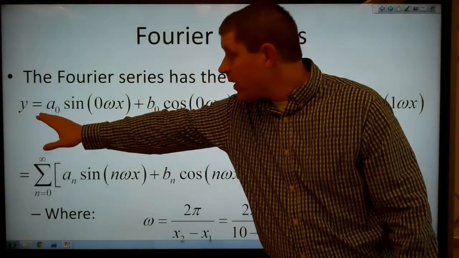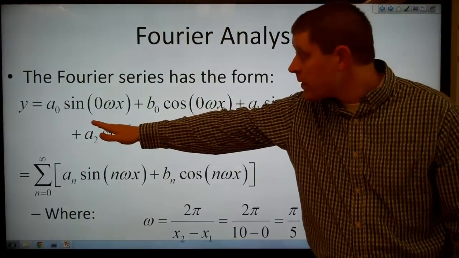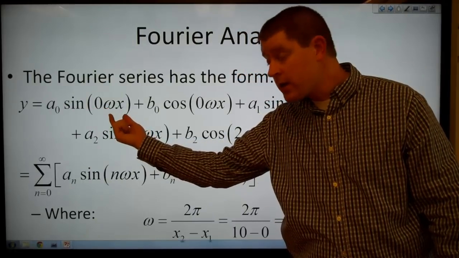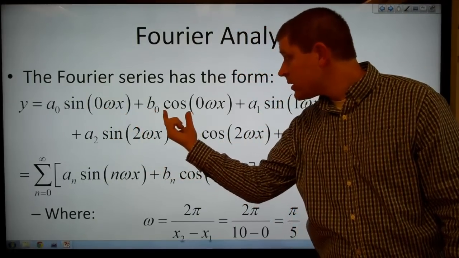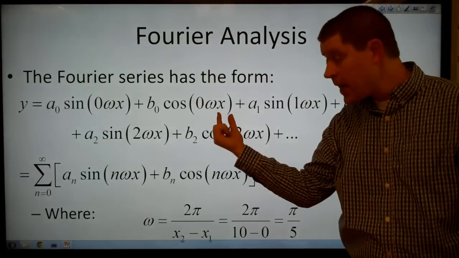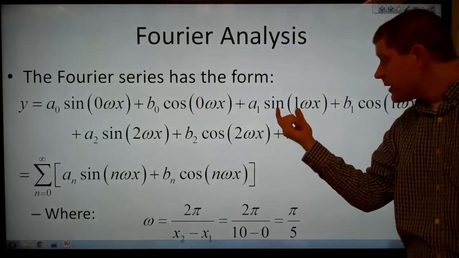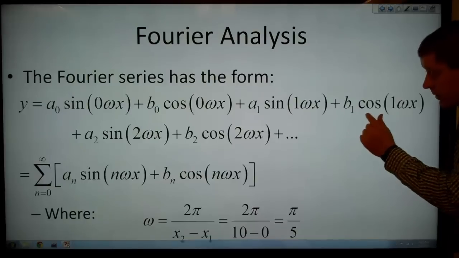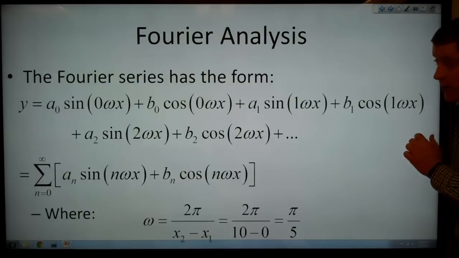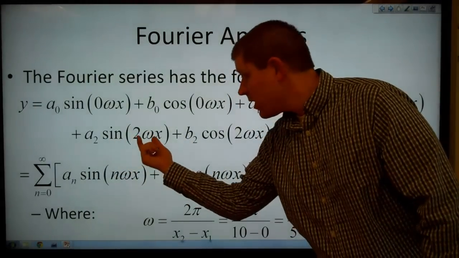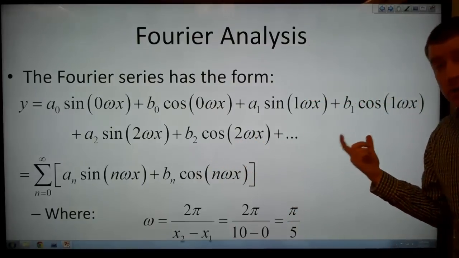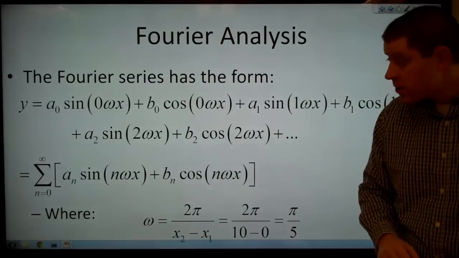We've got y equals a0 times sine of 0 omega x plus b0 times cosine 0 omega x plus a1 times sine 1 omega x plus b1 cosine 1 omega x plus a2 sine 2 omega x plus b2 cosine 2 omega x, and so on as we go up in integer.